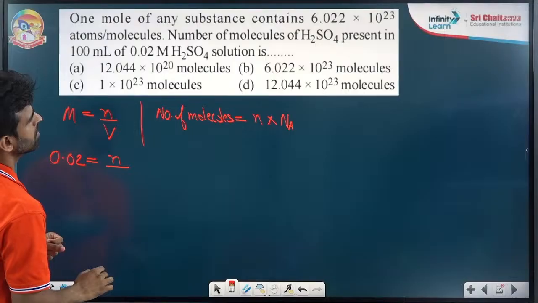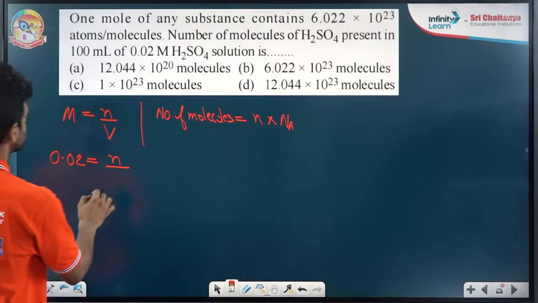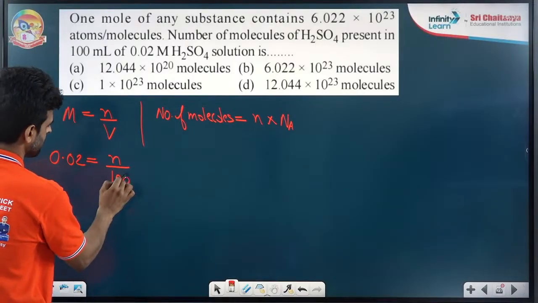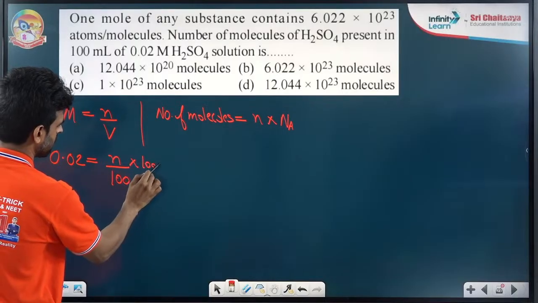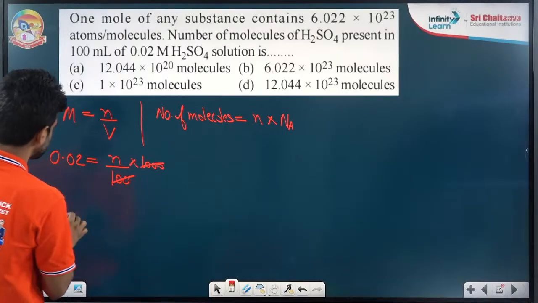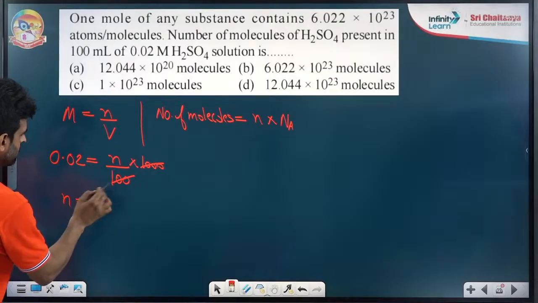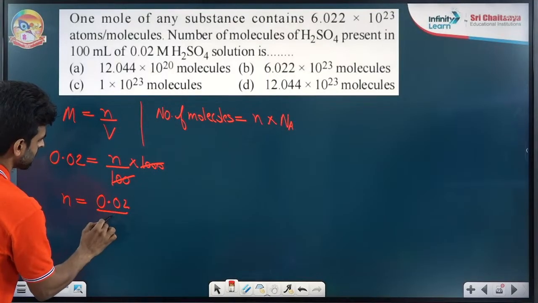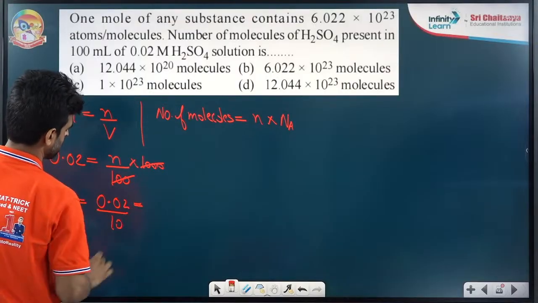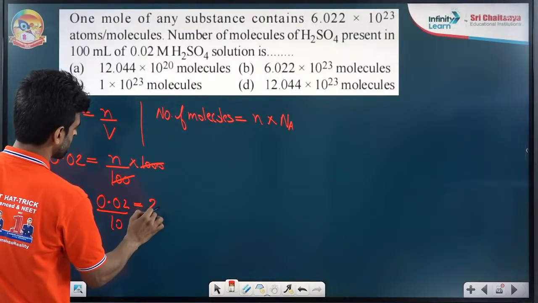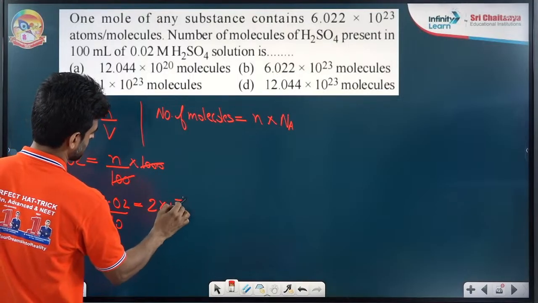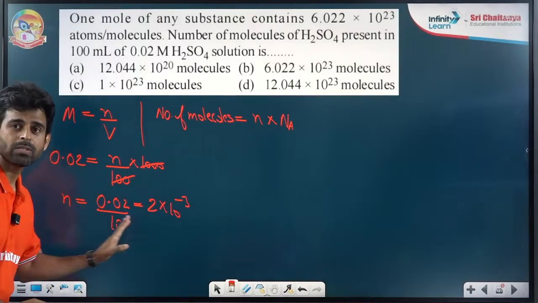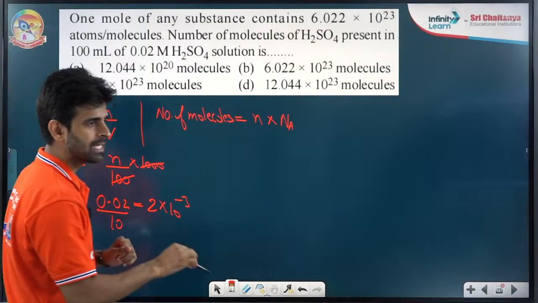The volume they gave is 100 ml. Let us make it liters first. If you cancel out this part, how many moles are coming? You can say 0.02 divided by 10. If you write properly, it is 2 into 10 to the power minus 3. This much of moles are present, right? But they are asking molecules.